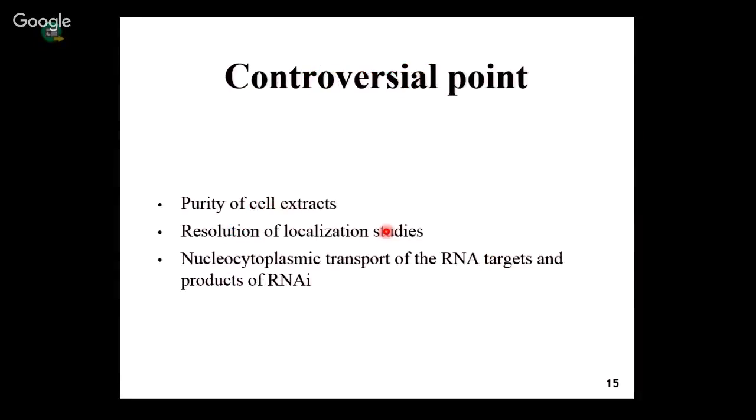The studies have shown that maybe RNAi is in the nucleus, but there are also some controversial points, because we don't know the purity of the cell extract, or the resolution of the localization study is not good. Nucleocytoplasmic transport of the RNAi target and product is also a controversial point.